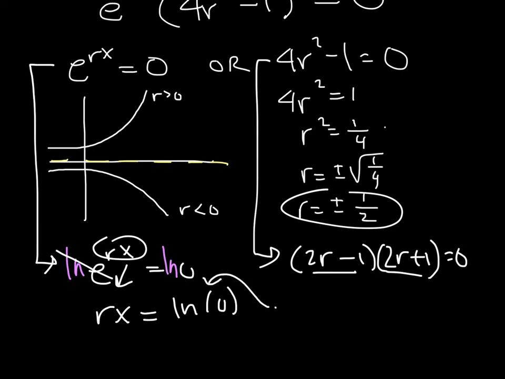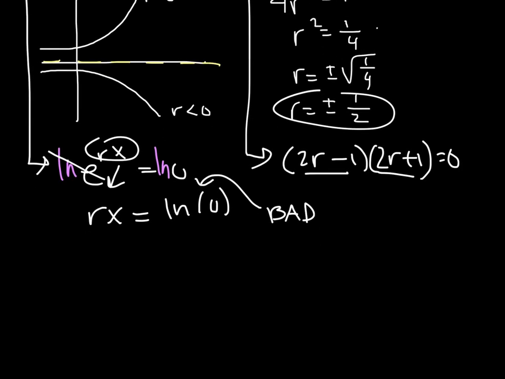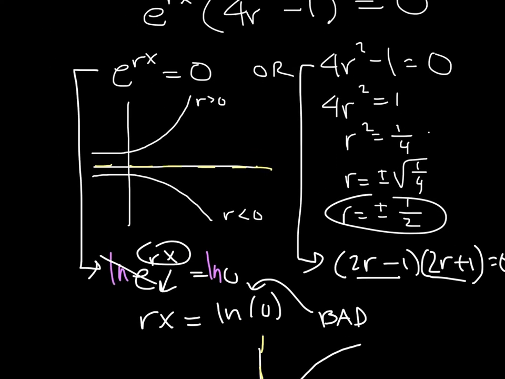But this is bad because your ln function, that graph, it's not defined at 0. Our ln graph looks something like this, and again, there's a vertical asymptote there, so this graph never actually intersects the y-axis, so the input has to be greater than 0. So again, that's an algebraic way of looking at it, or if you want a graphical approach, that's fine. So that is number 14.